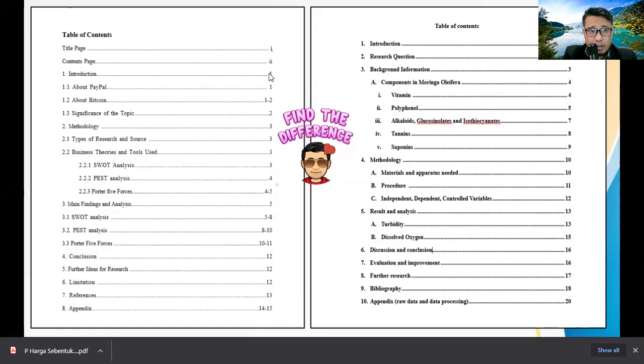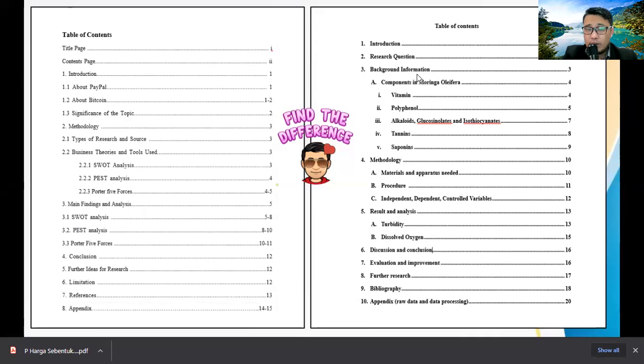written with a number. And if you look, here the introduction goes until 1.3, so still on page 2. And here you can see introduction until research question, still on page 2. That means it's still the beginning of the essay. And then it continues with the body, methodology, until here, main finding and analysis.